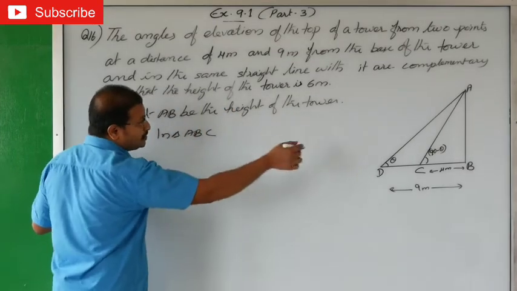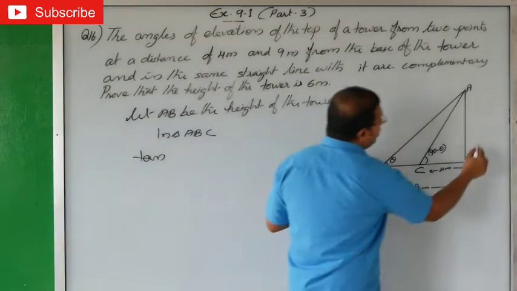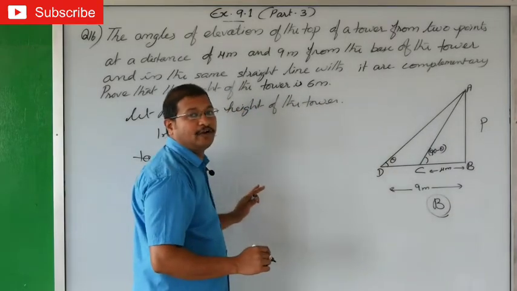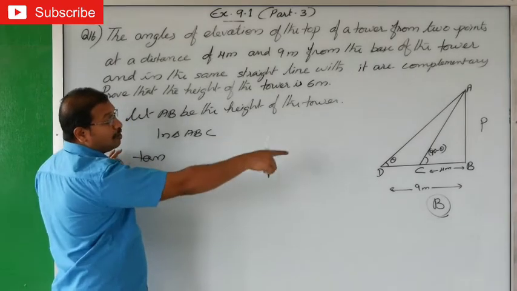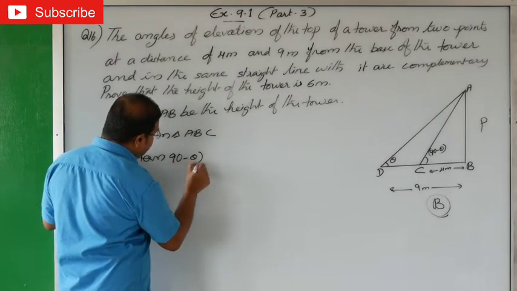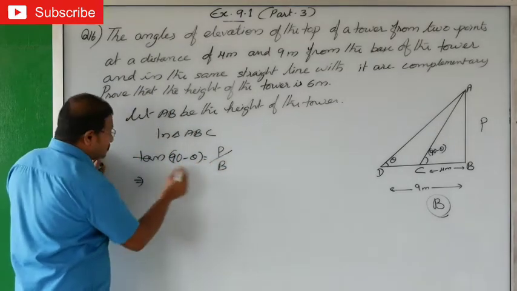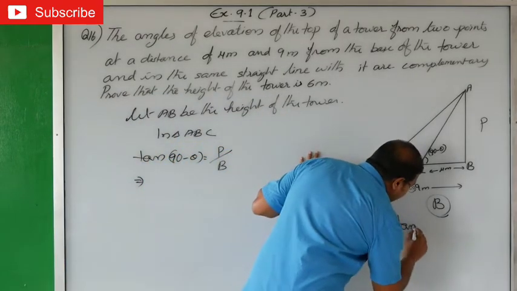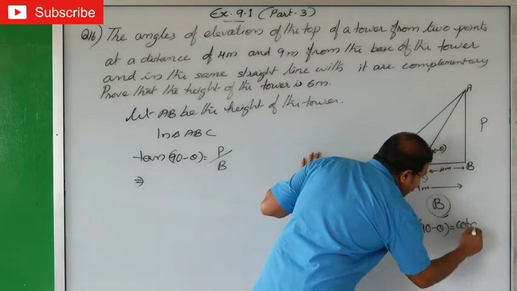Now in triangle ABC, we will take tan, because we will consider perpendicular and base. So perpendicular and base means what you will do? Tan. In the small triangle ABC, what will be the angle? 90 minus theta. Tan 90 minus theta equals perpendicular by base. Complementary angles, tan 90 minus theta equals cot theta.